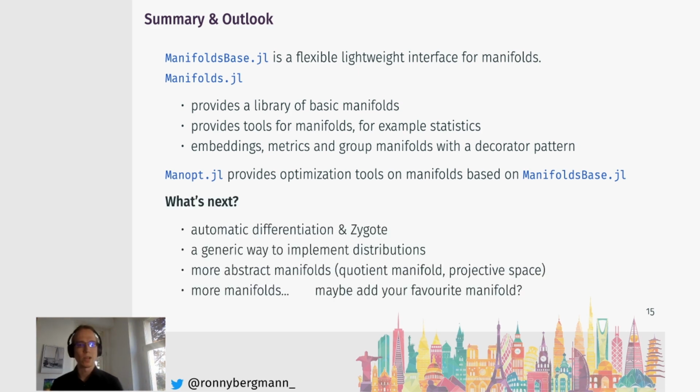And our next steps are automatic differentiation, for example with Zygote, a generic way to implement distributions, and we want to do more abstract manifolds, so quotient manifolds, projective spaces, and also more manifolds. So if you're missing a manifold, get in touch with us and we can see what we can do for your favorite manifold.